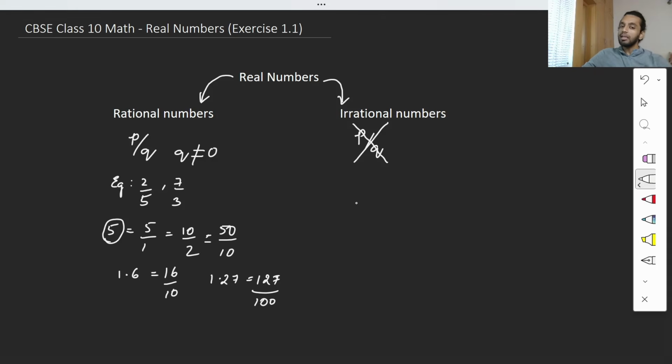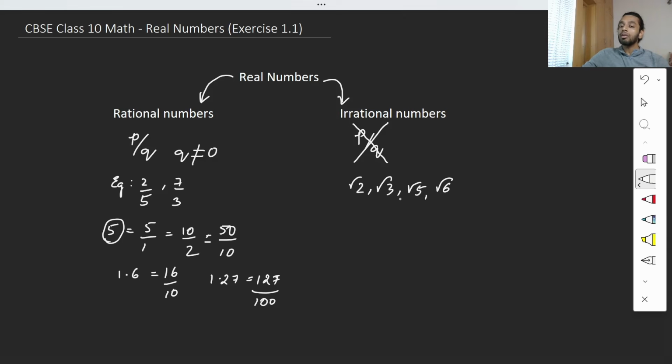So basically any number that can be written in the form of p by q is rational. Irrational numbers cannot be written in the form of p by q, so what do they constitute? Root 2, root 3, root 5, root 6.